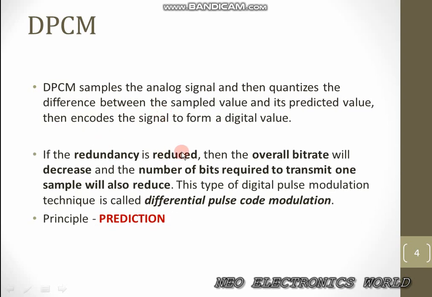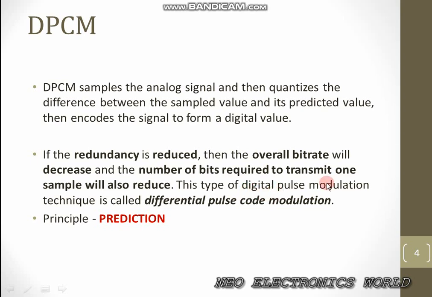If redundancy is reduced, then the overall bit rate will be reduced and the number of bits required to transmit one sample will also be reduced. What is bit rate? It's the number of bits required to transmit one sample. As the bit rate reduces, the number of bits is reduced.